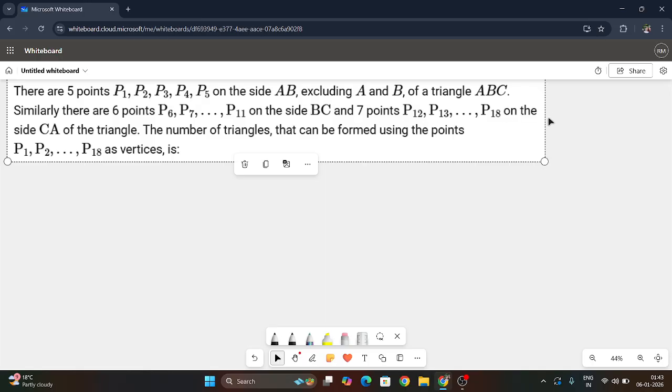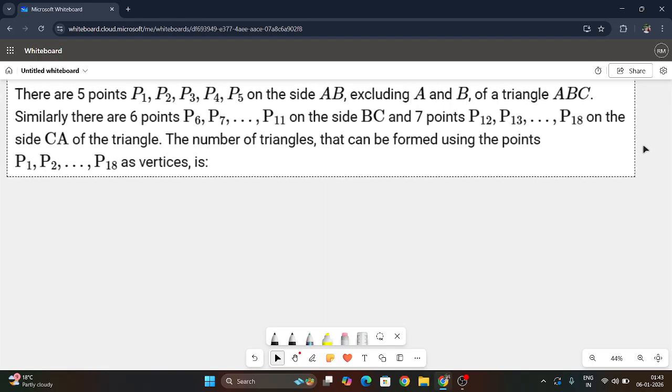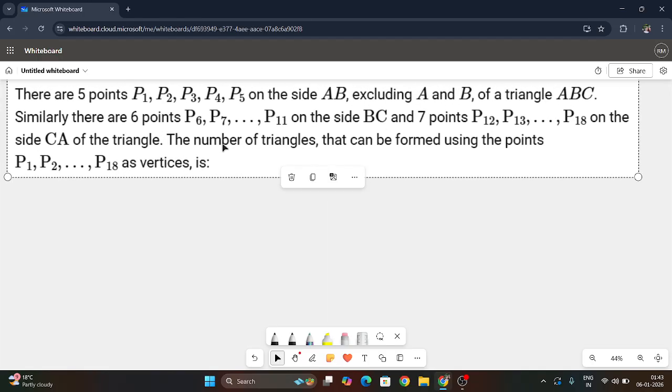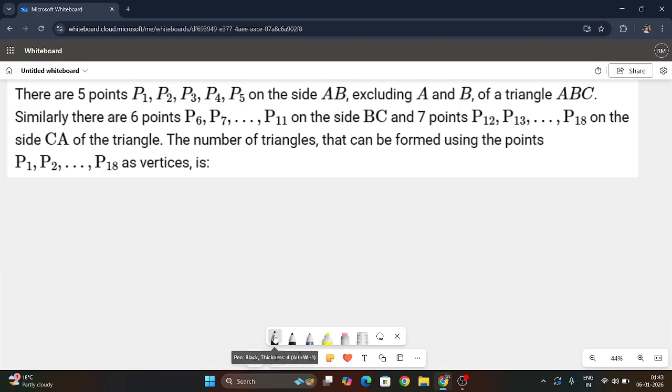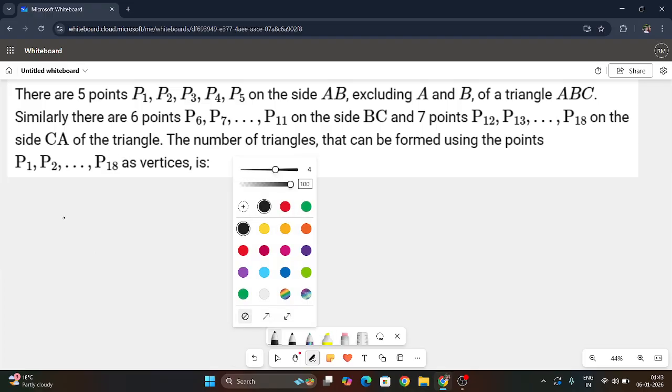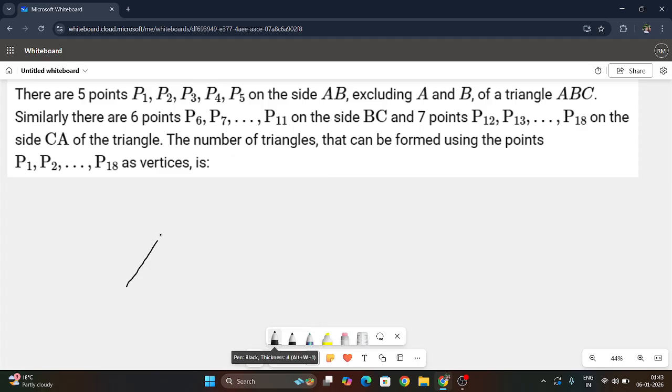Now try it, okay? So the question is given, that is 3: there are 5 points P1, P2, P3, P4, P5 on the side AB, excluding A and B, of a triangle, okay? So let's make the triangle first, hypothetically, okay?